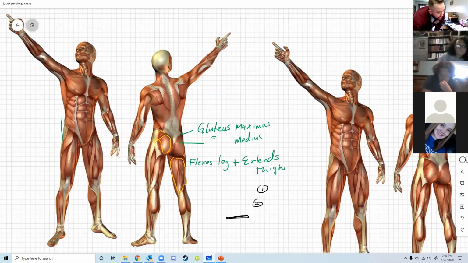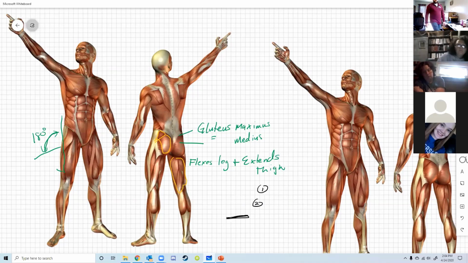If this is an angle at 180 degrees, if he were to raise his knee up, the angle there would actually close. That's flexion, whenever you close an angle like that. If you extend it, he's making it straight again. So the muscles that allow you to do that are right here. Flexes and extends the thigh.